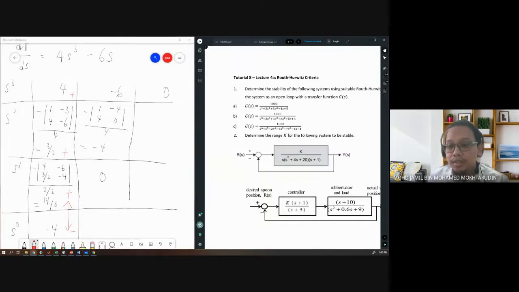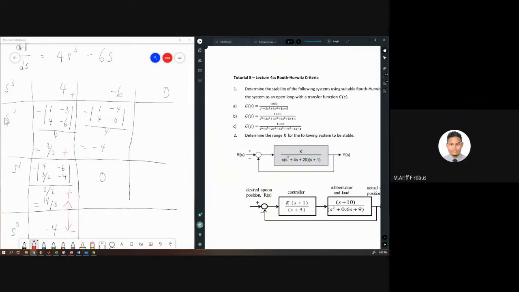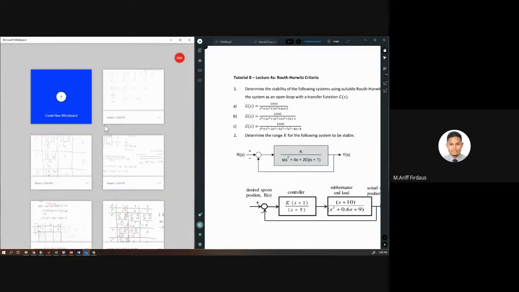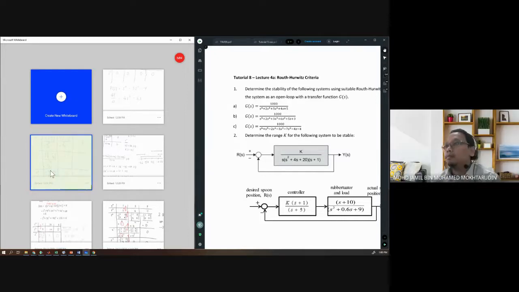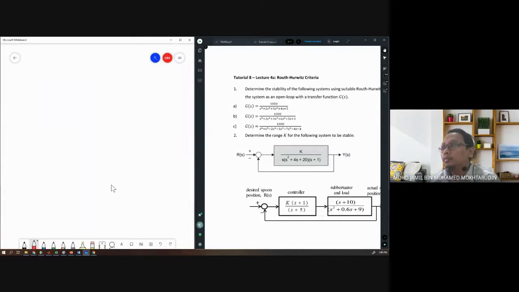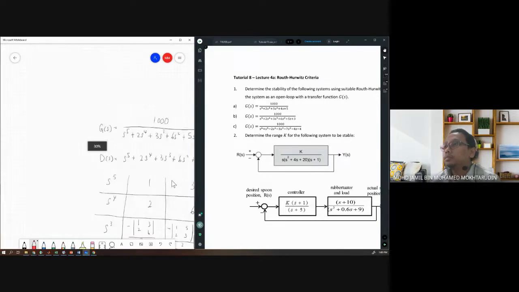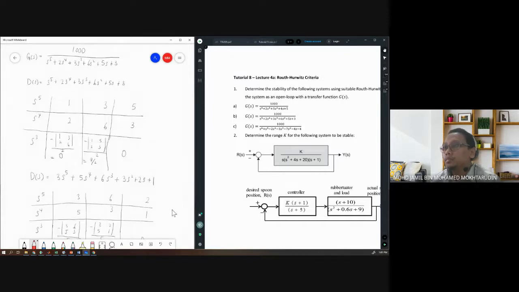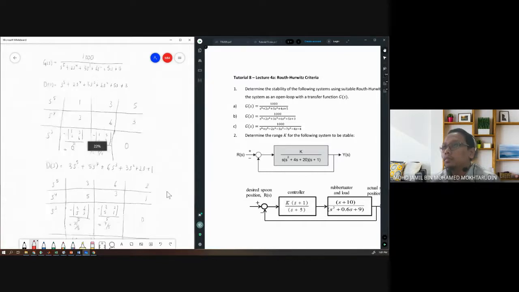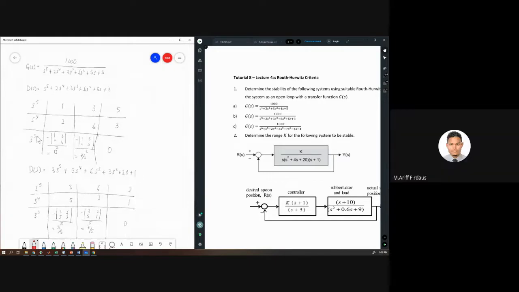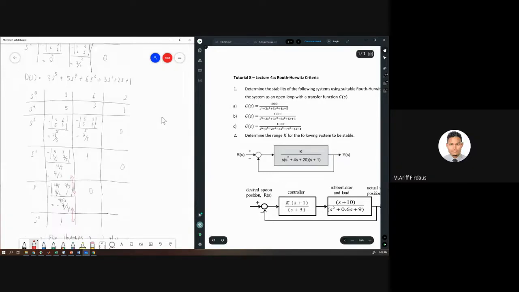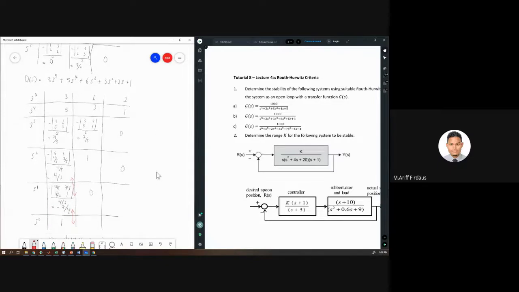Ada soalan? Okay. Sir, nak tengok yang example 1B boleh? So untuk 1B ni, yang bawah, yang dekat table yang bawah tu, so ada kosong-kosong tu, kira sir tak kira?